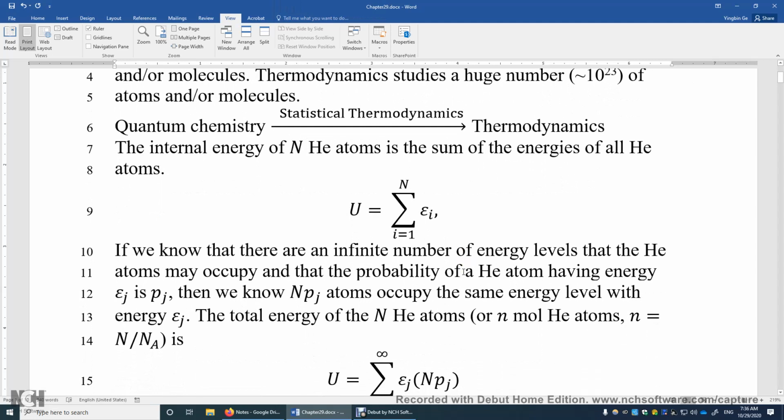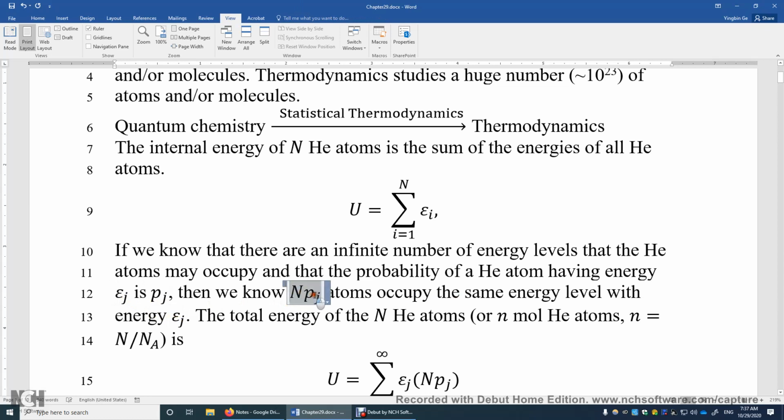If we know that there are an infinite number of energy levels that the helium atoms may occupy, and that the probability of a helium atom having energy epsilon j is p sub j, then the total number of helium atoms, N, multiplied by the probability of a helium atom occupying the jth energy level, gives us the number of helium atoms that occupy this jth energy level with energy epsilon j.